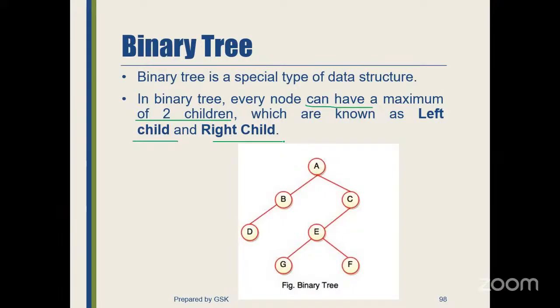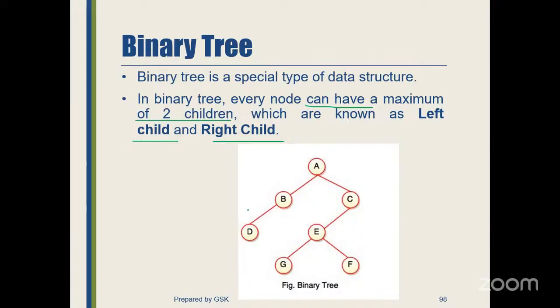Every node may or may not have children; at most, they may have two. That is, a node may have one child or two children. That type of tree is called a binary tree.